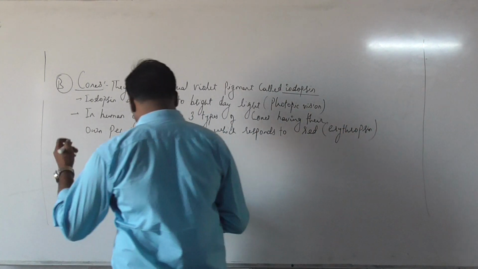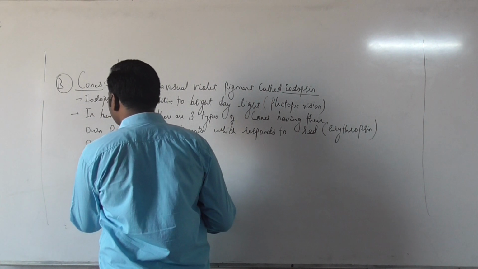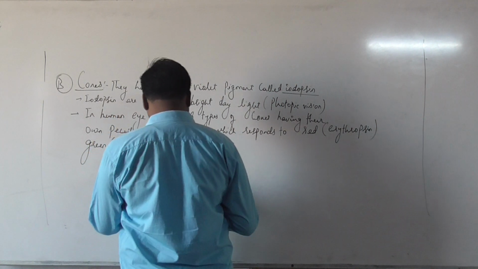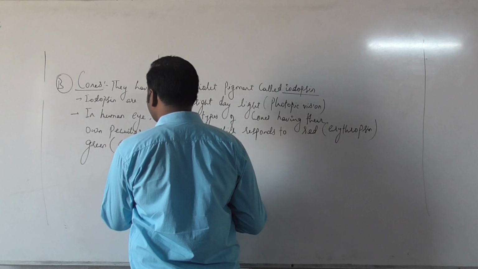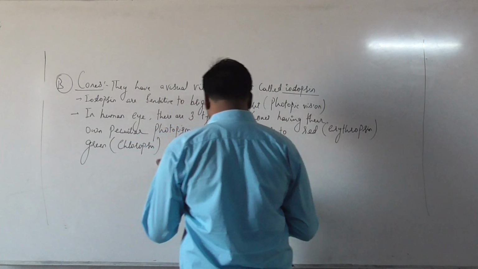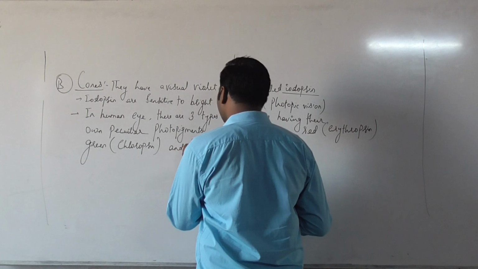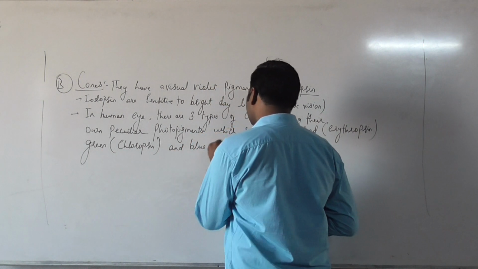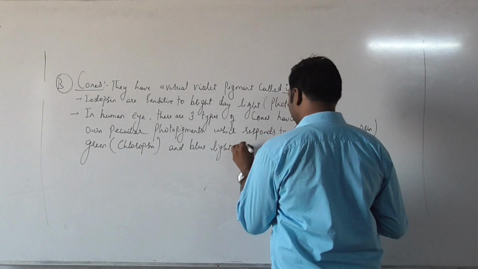The next responds to green, which is called chloropsin. And the third responds to blue light, which is called cyanopsin.